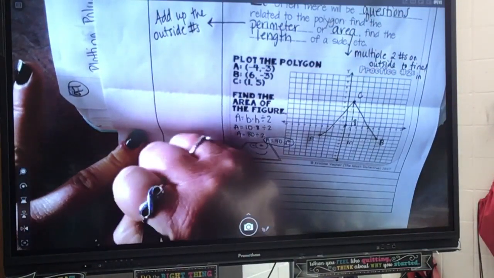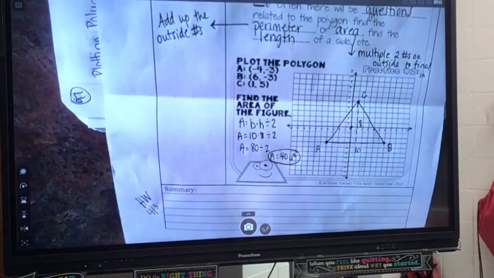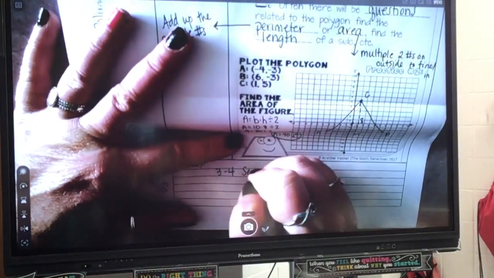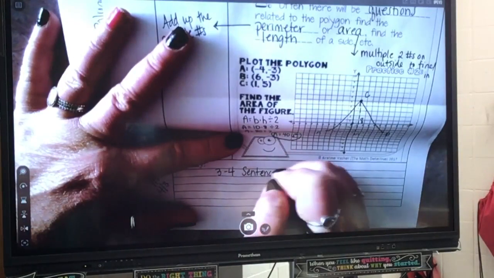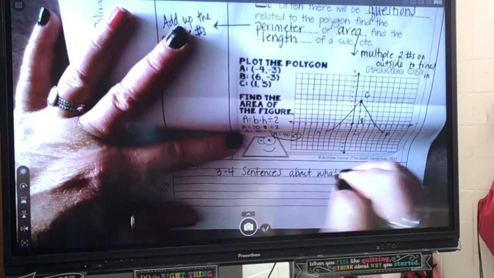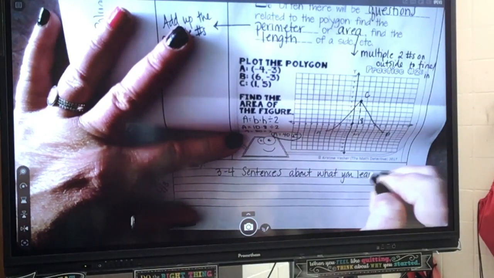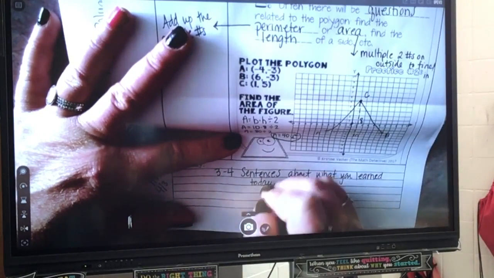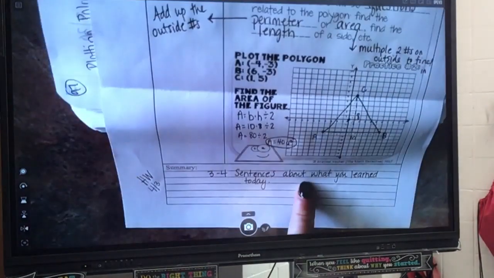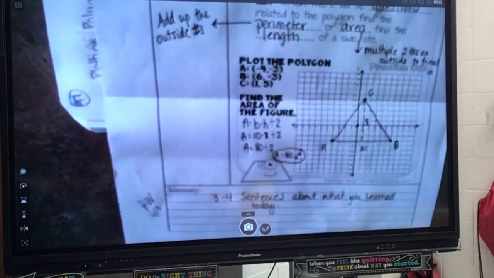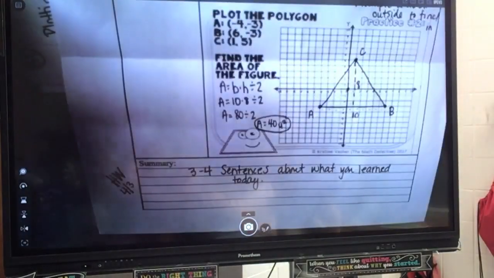And just make sure that you discuss in your summary, it needs to be 3 to 4 sentences about what you learned today. Obviously I don't want you to write down where I wrote it, write it to the side. But again, this is your homework, and I will leave this up on the screen for you guys to see.